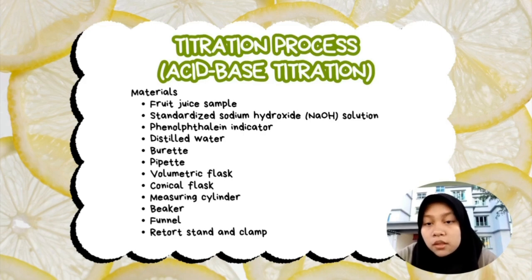In this experiment, the fruit juice sample is titrated with sodium hydroxide solution. Phenolphthalein indicator is added to detect the endpoint of the reaction, which is indicated by a permanent pale pink color change.